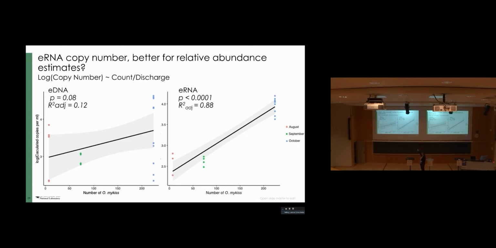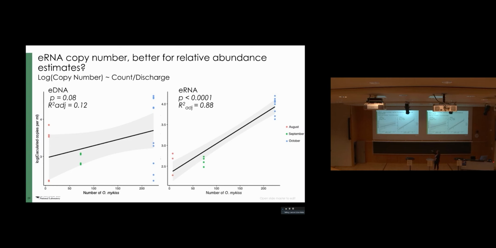It's a significant relationship. This suggests that our DNA is actually reflecting relic DNA. It's not just targeting our present DNA at that point in time, whereas RNA is really giving us that fine scale temporal view that we really need in order to count the number of individuals that are going through the passage.